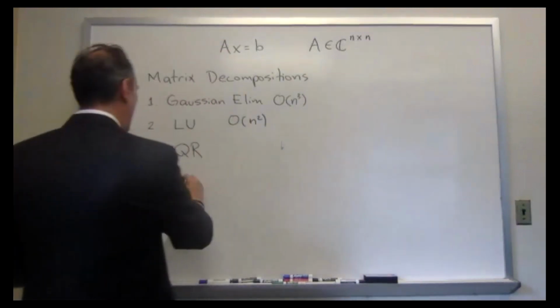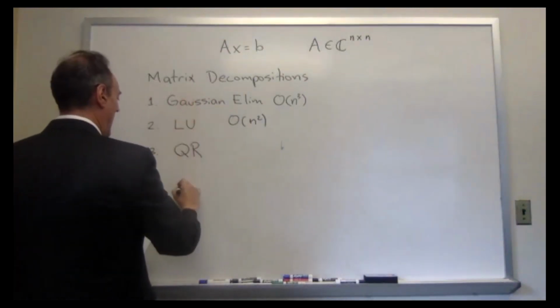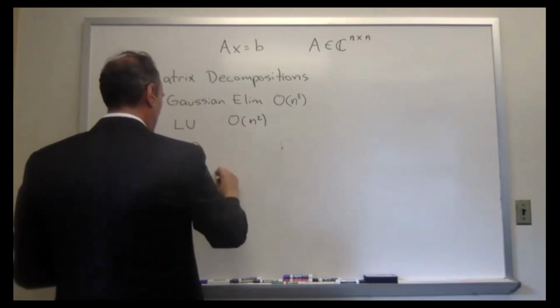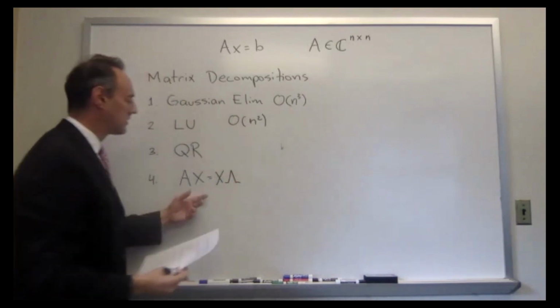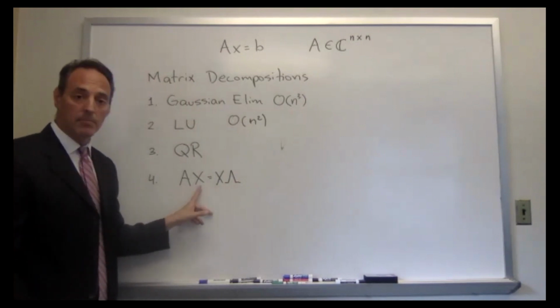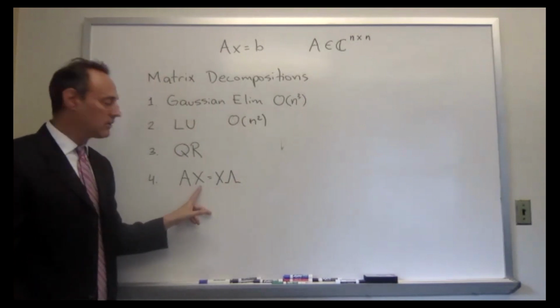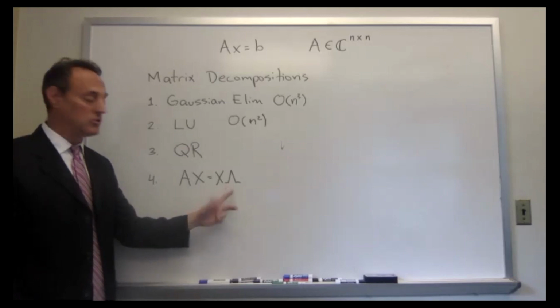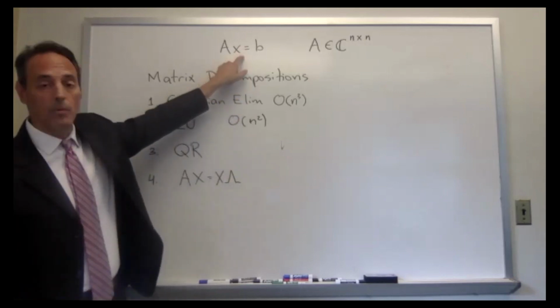Well, remember the eigenvalue problem associated with that is AX equals something like this. So I take that matrix A, the columns of X are eigenvectors, and this matrix here is a diagonal matrix with the eigenvalues. This is the eigenvalue problem associated with this.